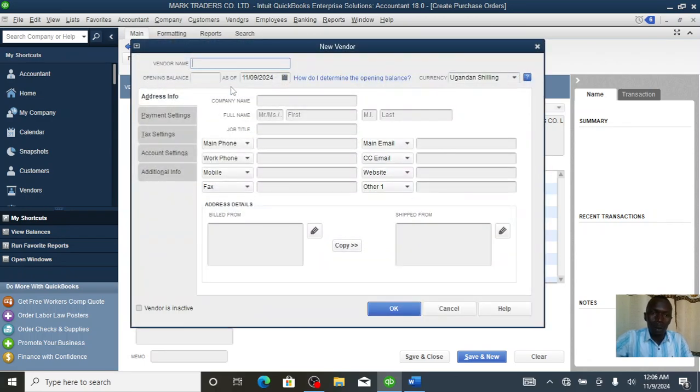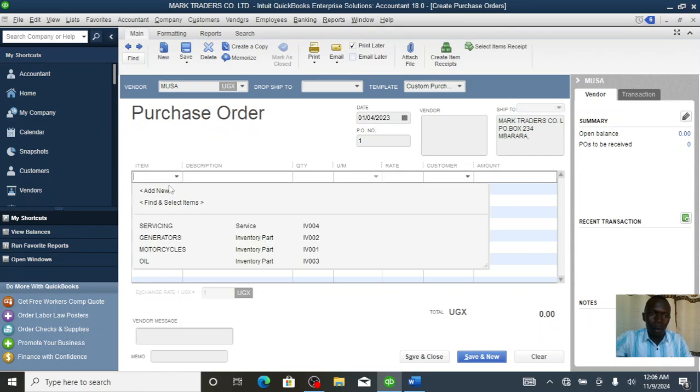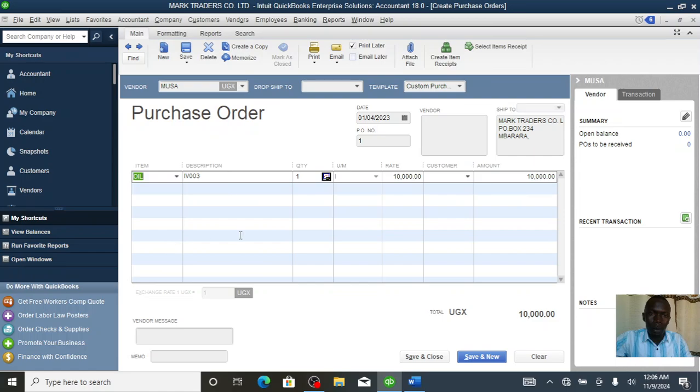We add new. We say Musa. Then we say okay. Musa description. Our item is engine oil, which is here.